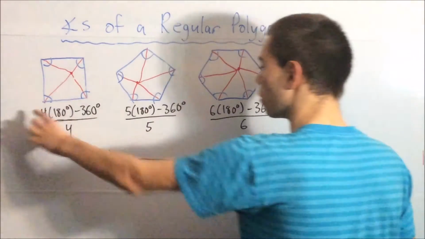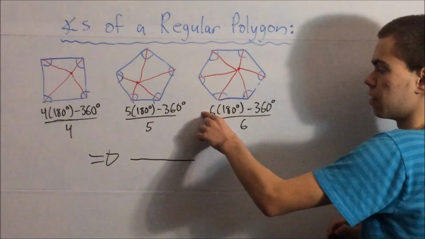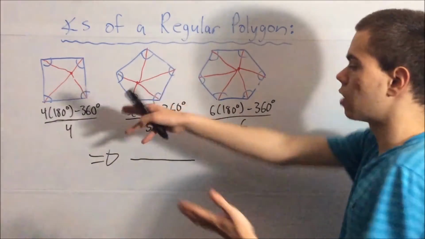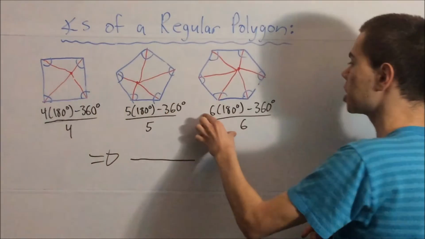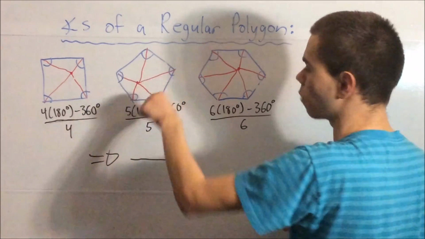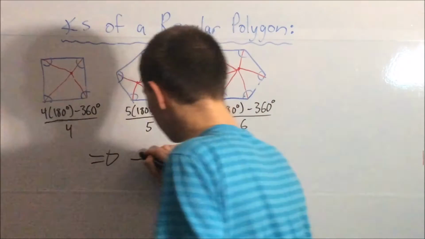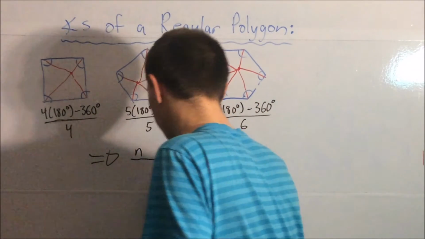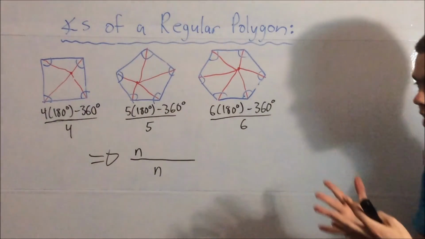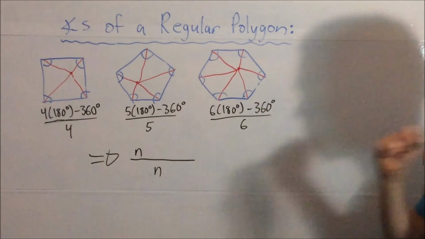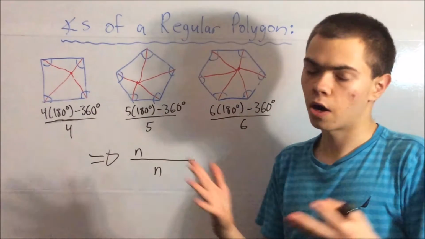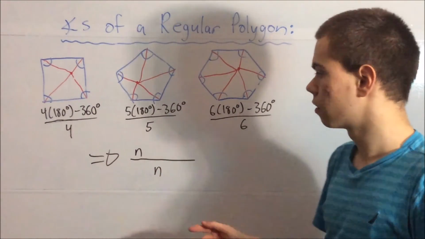Notice how we have 4, 4, 5, 5, 6, 6. That number actually has to do with the number of sides the regular polygon has. So I'm going to use the letter n. It's a variable, of course, where n represents the number of sides that our regular polygon has.